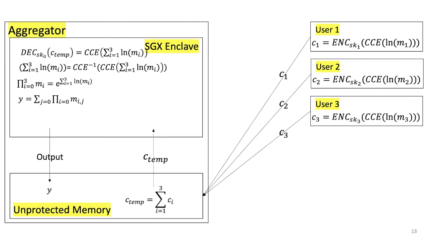Once this is done, they can take the inverse of the complex canonical embedding and later take the exponential of that intermediate value to recover the final product. Once this is done, they can compute the sum over these products to determine the final output result y, which is output from the TEE to the aggregator in a plain text format.